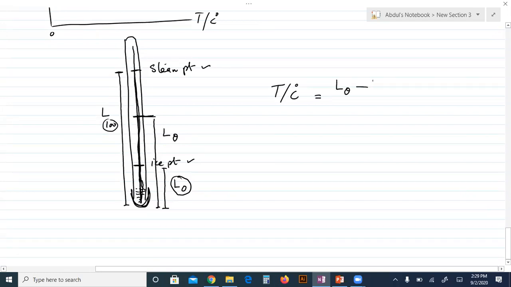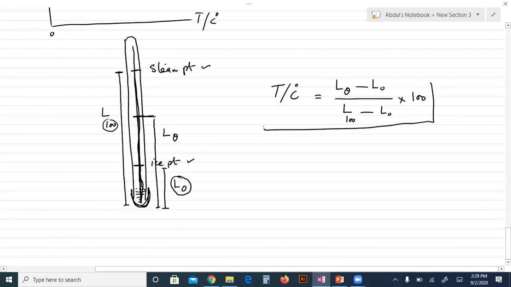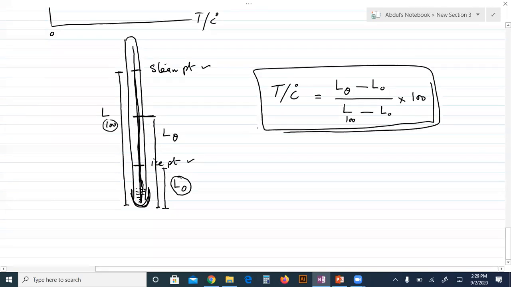Now, the empirical formula for the Celsius scale is: temperature in degrees Celsius is equal to L theta minus L0 divided by L100 minus L0, times 100. So this is the empirical formula for the temperature in Celsius. Very important. So the height of the liquid for the unknown temperature minus the height at the ice point, divided by the height at the steam point minus the height at the ice point, times 100.